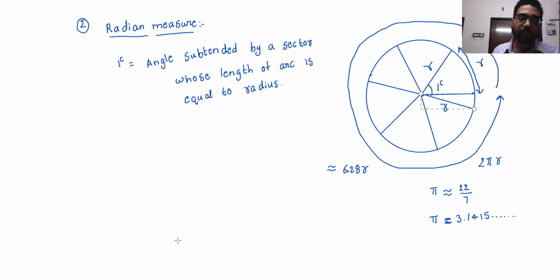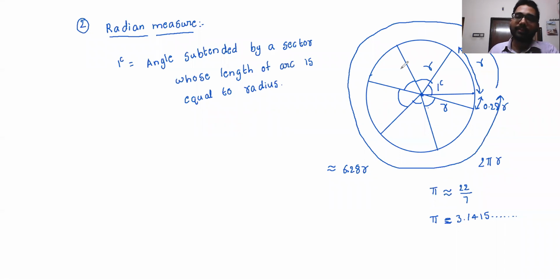Here, this is going to be 1 radian, 1 radian, then 1 radian, 1 radian, and this remaining part is approximately 0.28 r.